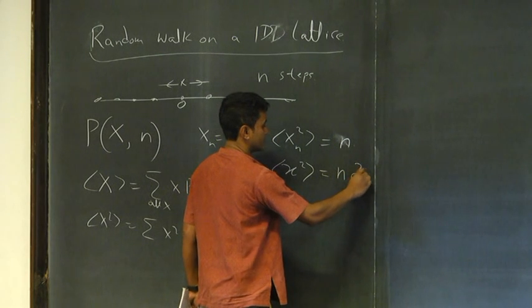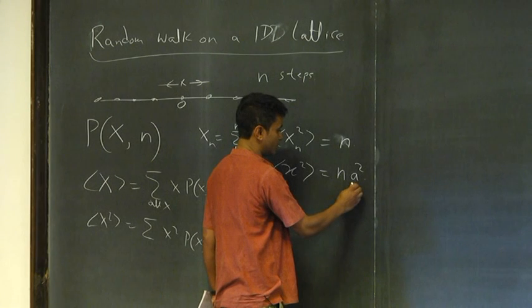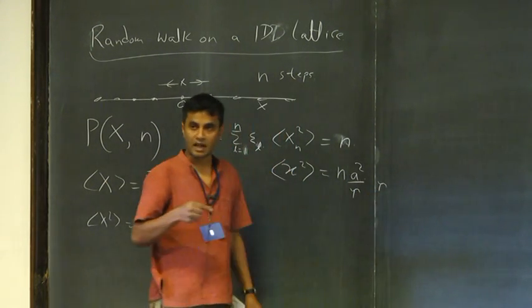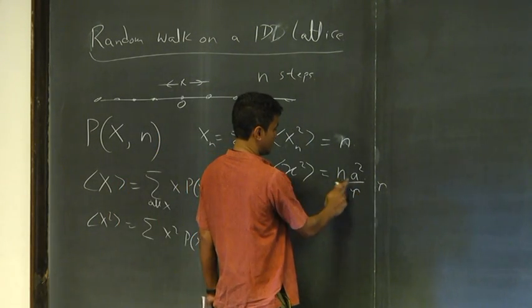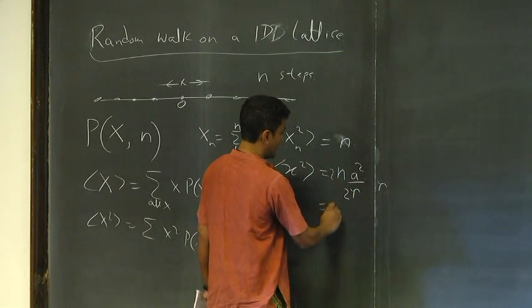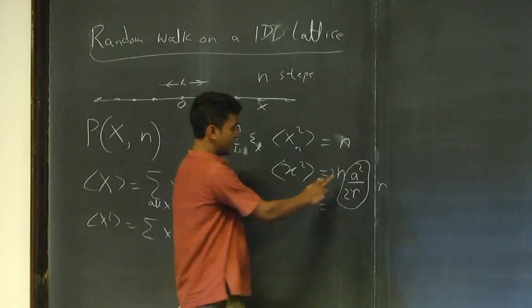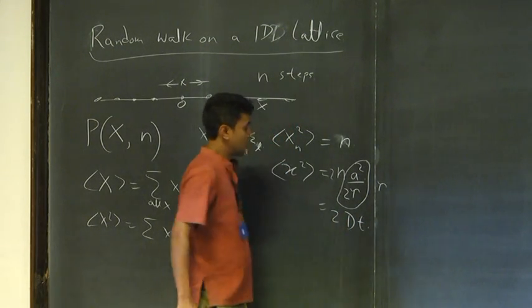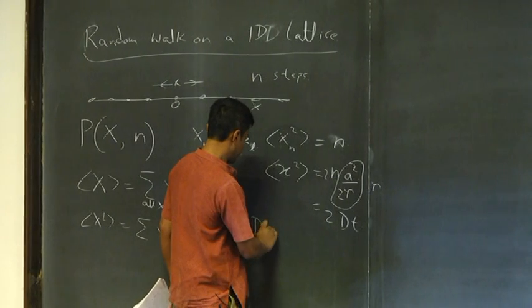If you divide this by tau and multiply by tau, where tau is the time it takes for us to take each step, then this a square by tau, into 2 (I put a 2 here and a 2 here), this factor we just call the diffusion constant, and n times tau is the time. So that is 2Dt. So a square by 2 tau is the diffusion constant.